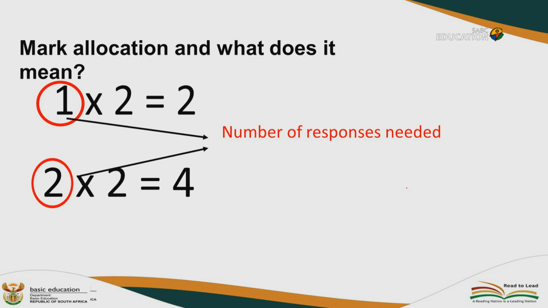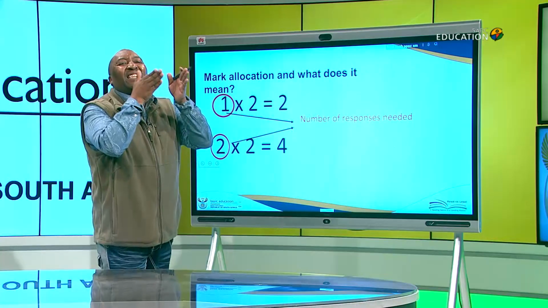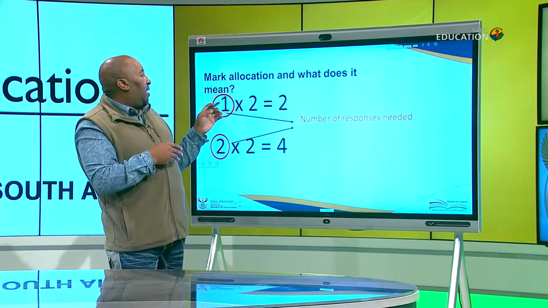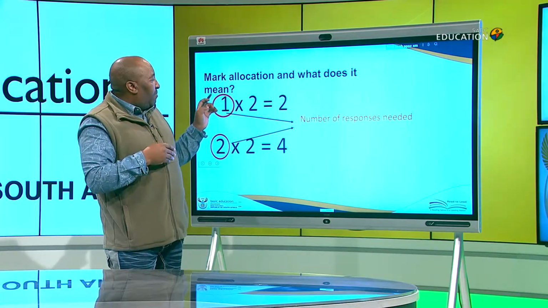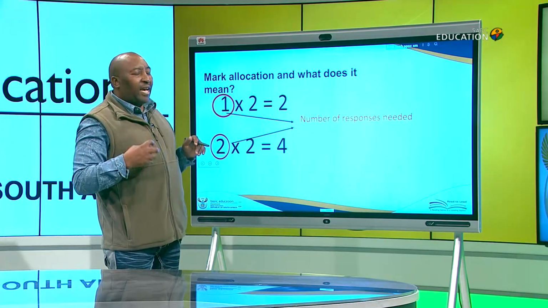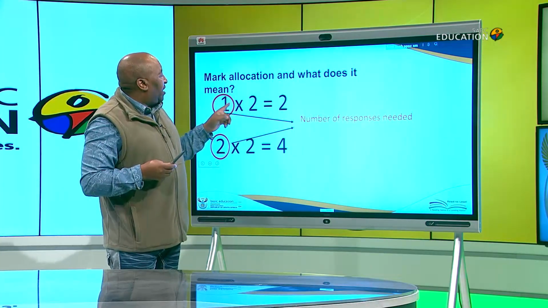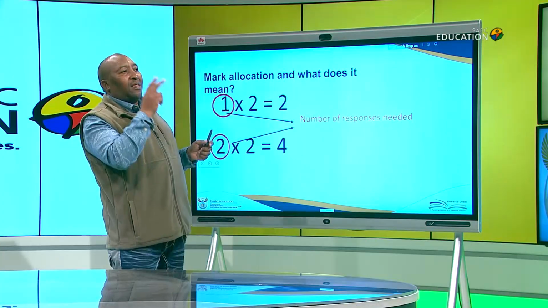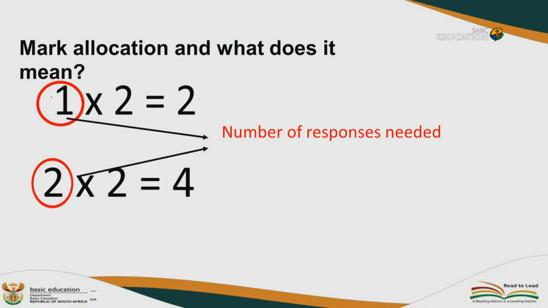It tells you that the answer is in the source. Once you see a 1 mark from the left in your mark allocation, it says to you 1 times 2, then know that there are 2 things that I must look for.